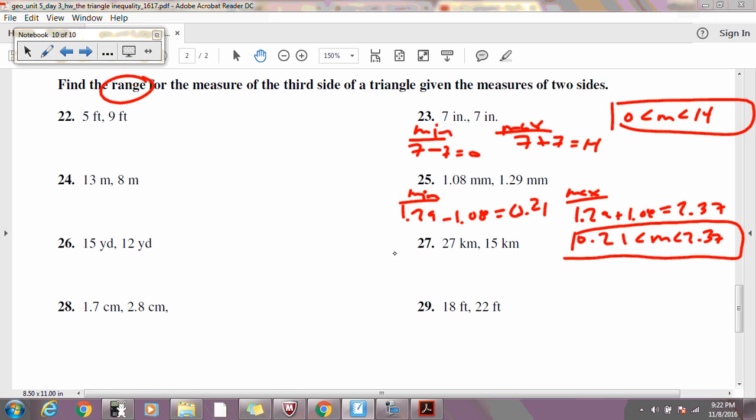For number 27, the min I'll find would be 12. The max would be 42.